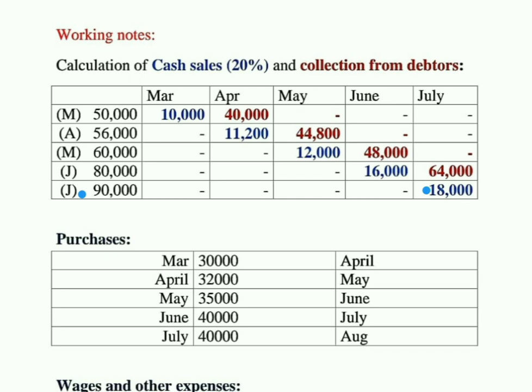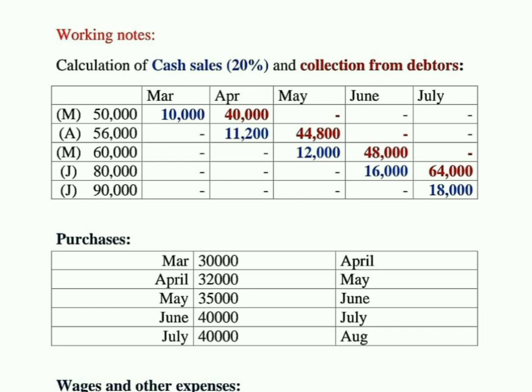So no need to take the information other than these 3 months. That is the reason the August column was not added. So July 90,000 is the total sales, 20% are the cash sales, that is 18,000. So this is the calculation of sales.